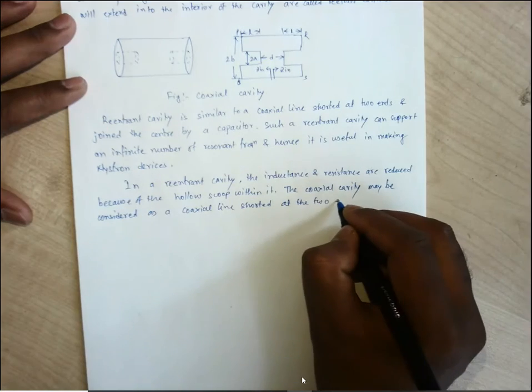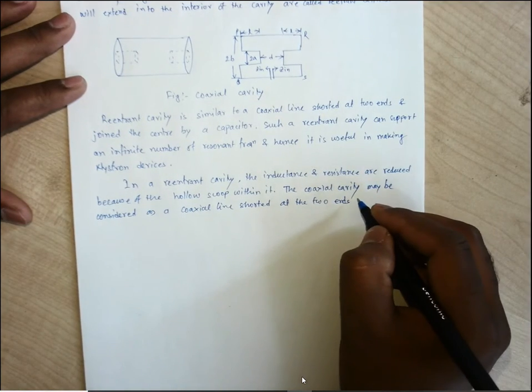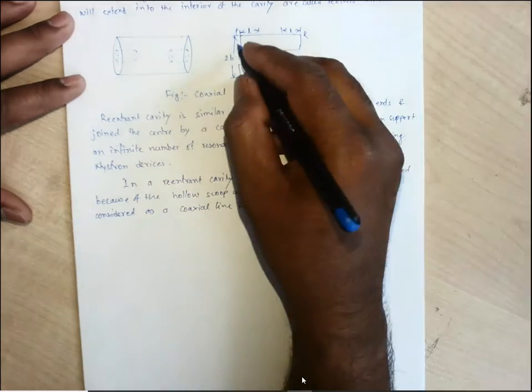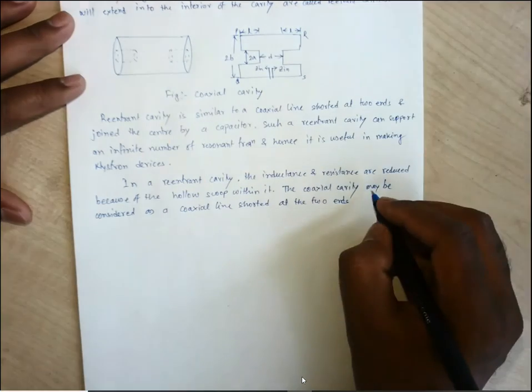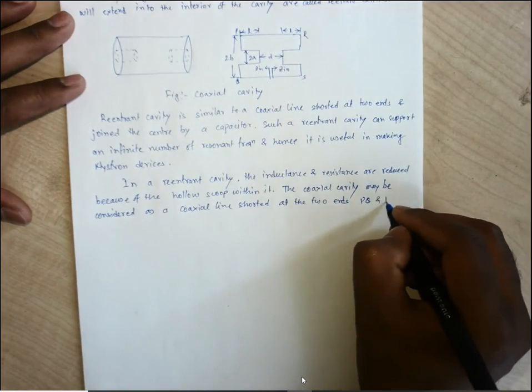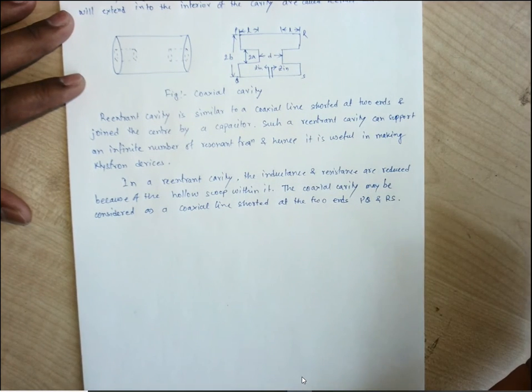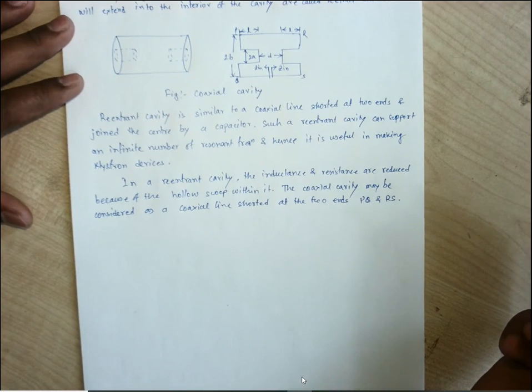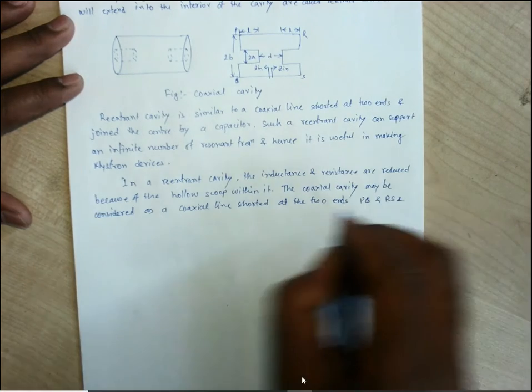What are those two ends? One is this PQ, and there is RS, and joined at the center by a capacitor.